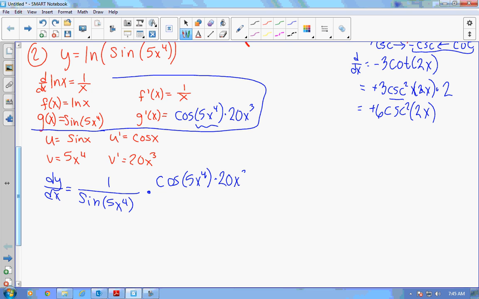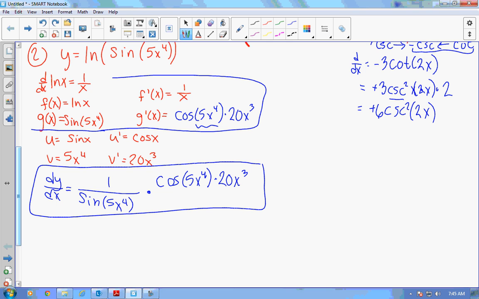Good. What's the other way? The way you gave us. Mhm. So you just wait to do the logarithm with the whole thing, and then when you have to solve for u prime, you just do the chain. Yep. Cool.